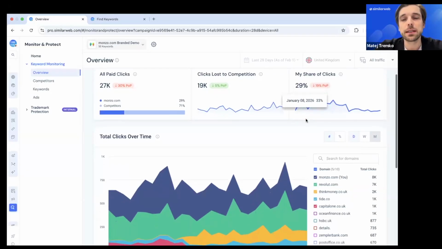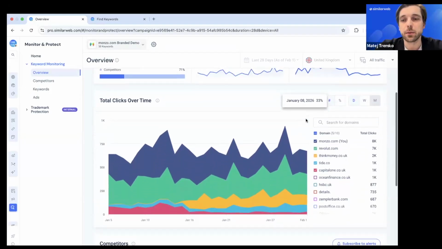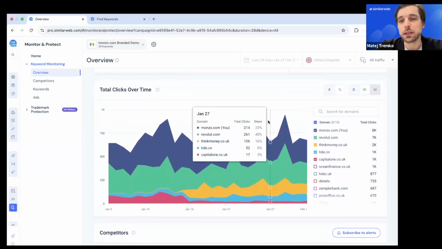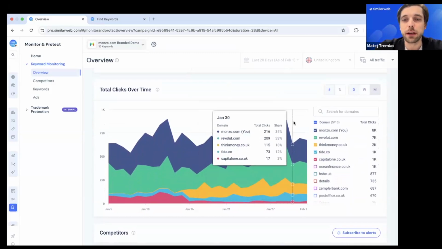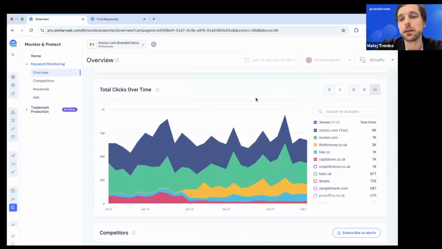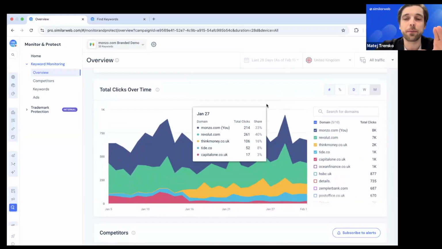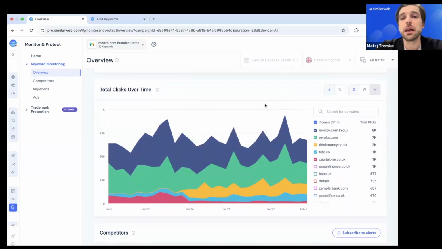Now, where it gets interesting is this second part, where you can really understand how competitors are behaving. So immediately, what you can see is that the proportions are fairly equal, which when speaking about branded terms, I would say it would be better if Monzo was owning a much larger part of the pie, but this is the situation.